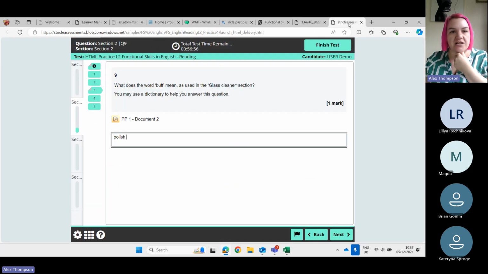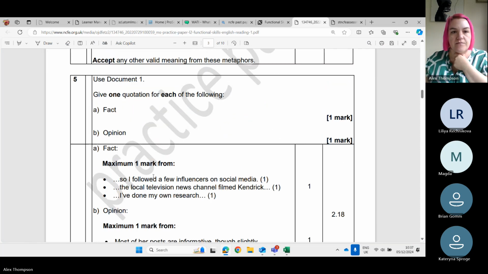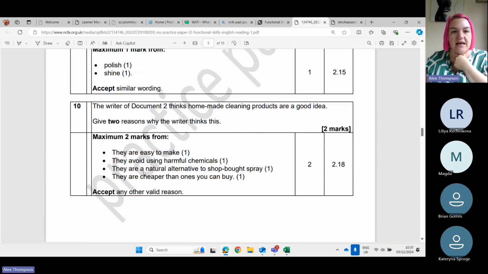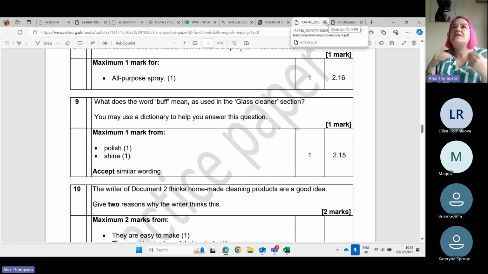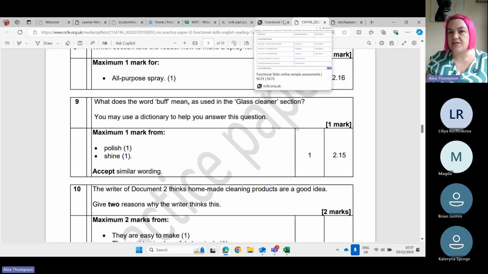So if that one was question 9, their answers would say you could either use polish or shine for this particular one, but again, they will accept anything else similar. So even though they give us 2 examples of synonyms, they would accept anything else that means the same thing. It doesn't have to be a higher register or a more exciting word or a more precise word. Anything that means roughly the same thing would still be accepted for that question.